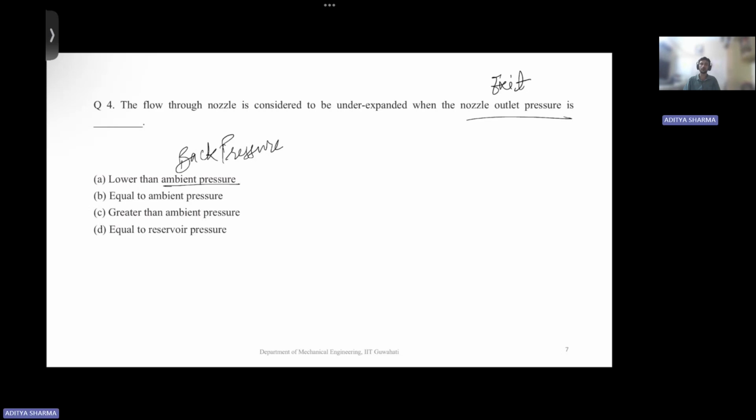With your ambient conditions, you are taking it as your back pressure. You are giving the stagnation pressure through some reservoir in that case.